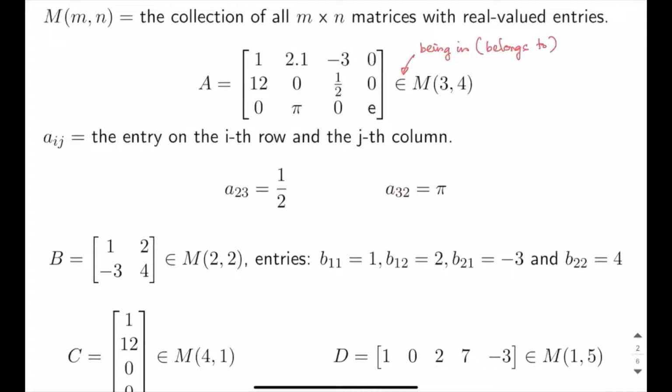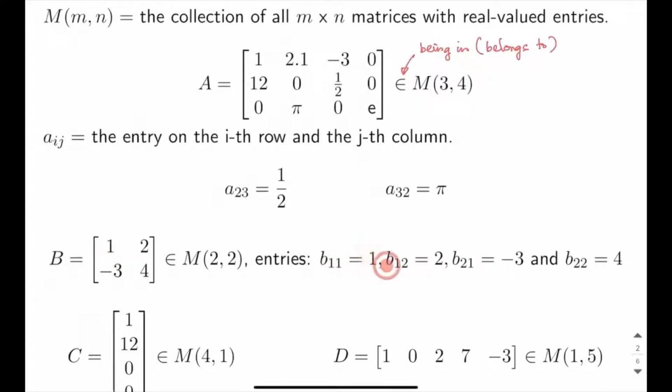Another example, this matrix B is inside, or belongs to, the collection of all 2 by 2 matrices. Literally, the capital M here stands for the word matrix. If you look for the entries of B, the entry on the first row, first column is obviously 1.